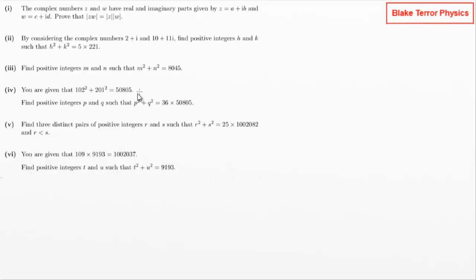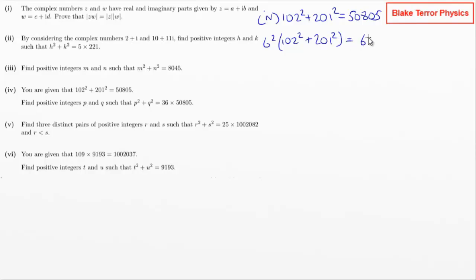50805. Okay. Find positive integers p and q such that p squared plus q squared... well, that's a bit easy, isn't it? I mean, that's not even following on from what we've just done. Because if we've got 102 squared plus 201 squared is 50805, then if we multiply both sides by 6 squared, this is a bit of a weird interlude.